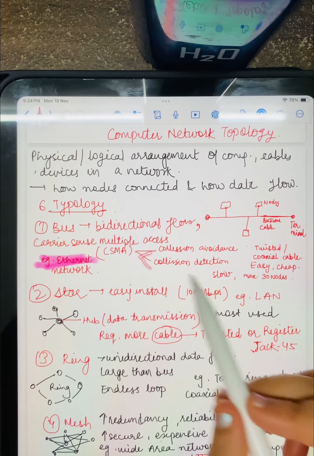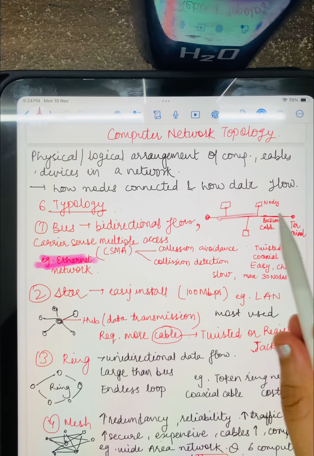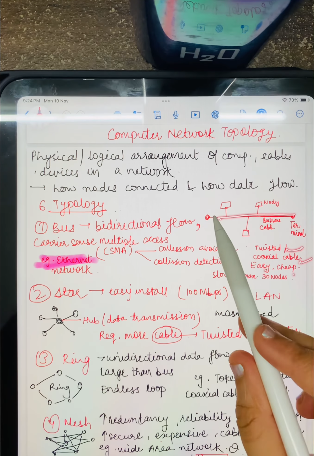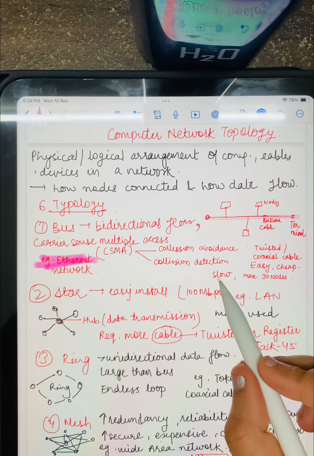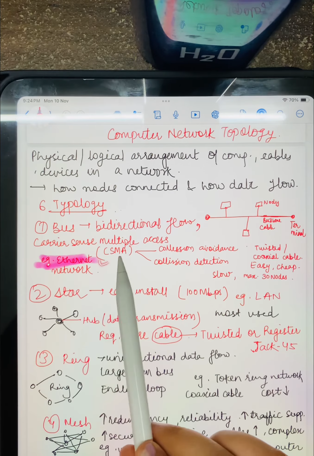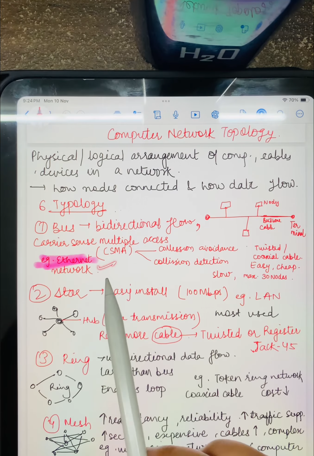It has 2 features. Its cable is twisted or coaxial cable and it is easy and cheap because it is connected to a single cable. It is slow, and it can have a maximum of 30 nodes. This is its limitation. Example? Ethernet network.